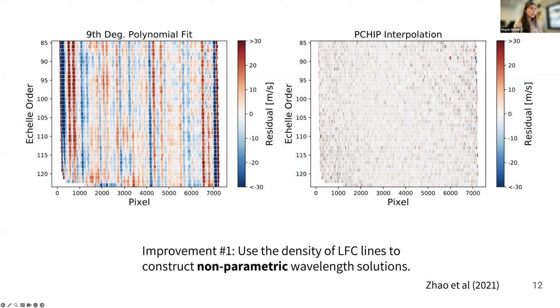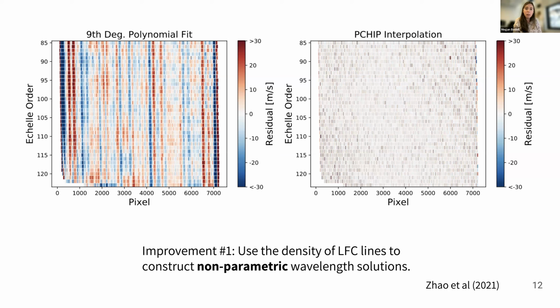And she noticed that actually the structures in these residuals match up to detector non-uniformities. So places where there are like stitching boundaries that cause changes too sharp to be properly fit with a smooth polynomial. This was all suggesting that the polynomial fit isn't flexible enough to capture what's actually happening in the wavelength solution.